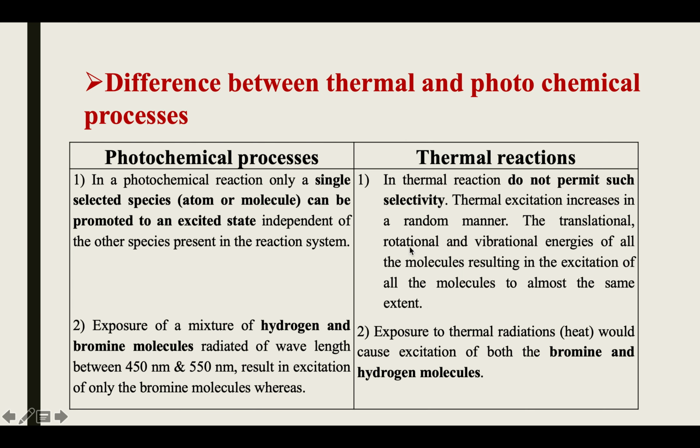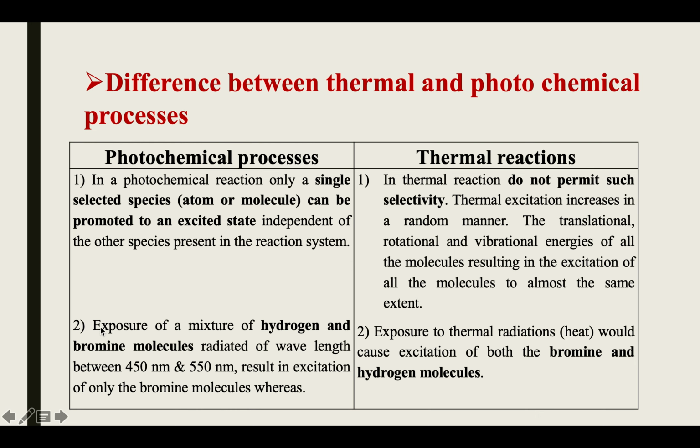So here all three types of energy, translational, rotational and vibrational, get to the molecule, but in the photochemical process only a single selected species can be promoted to the excited state. So this is the first difference between the two processes.